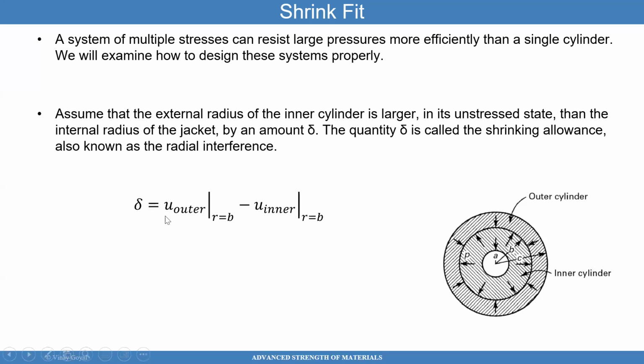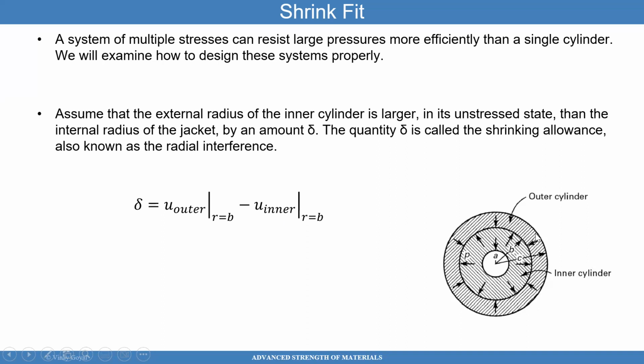Then what you really have is the radial deflection at R equals B. R equals B is from this point to this point, and the inner radius deflection goes up to this point.